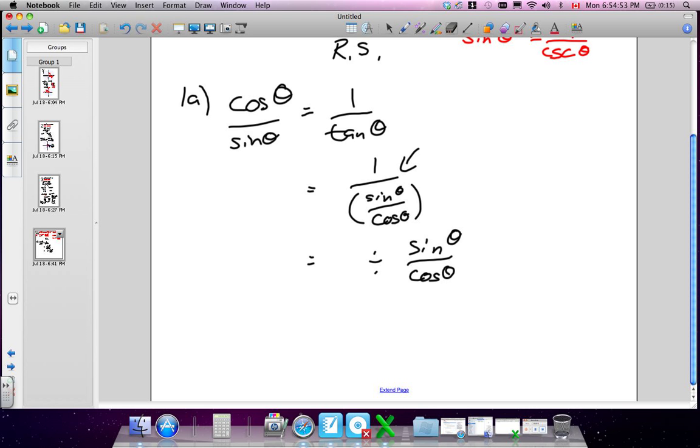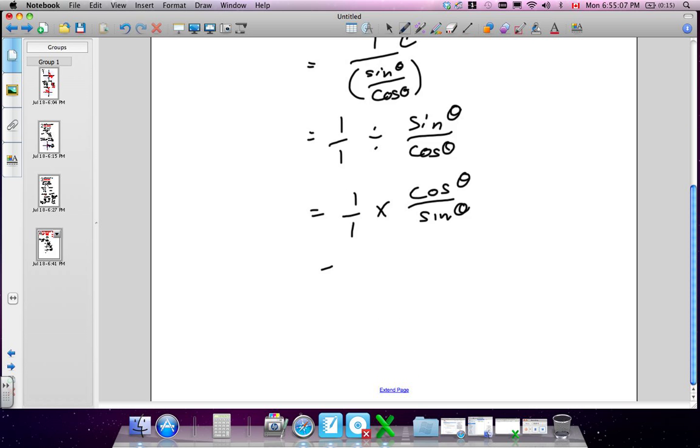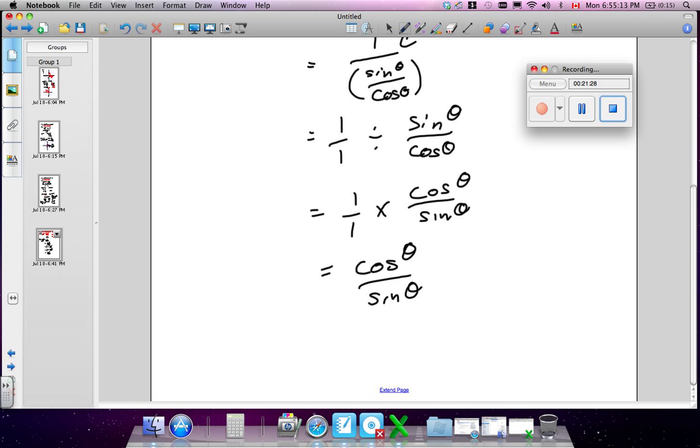So I'm going to replace that with 1 over 1. When I'm dividing fractions, I turn them into multiplication questions, right? So I have 1 over 1 times, and I have to flip the second fraction. Cos theta over sine theta. And lo and behold, I have cos theta over sine theta. That makes sense? Yeah.